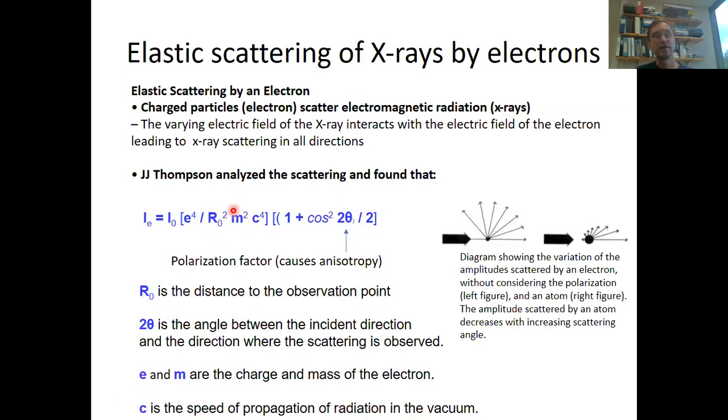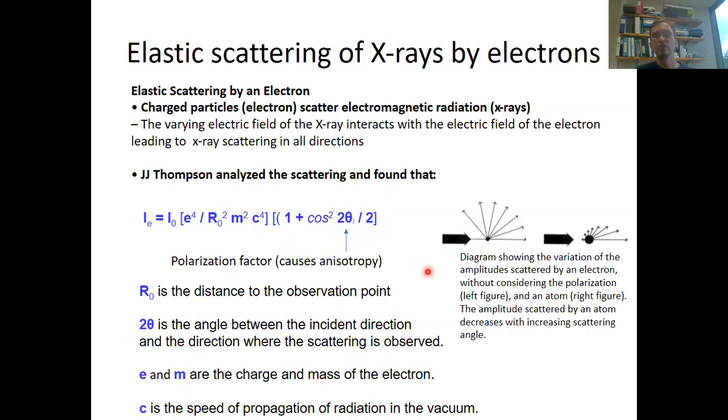Okay, so now times m squared, whereby m is the mass of the electron, times c to the power of 4, whereby c is the speed of propagation of the radiation in the vacuum. That is essentially nothing else but the speed of light. Okay, times this term here, 1 plus cosine squared 2 theta over 2, whereby 2 theta is the angle between the incident direction and the direction where the scattering is observed.